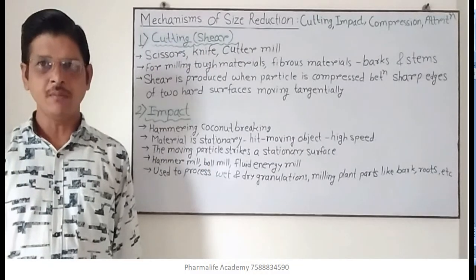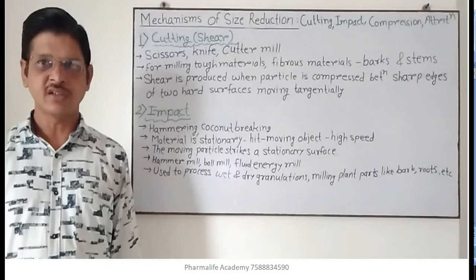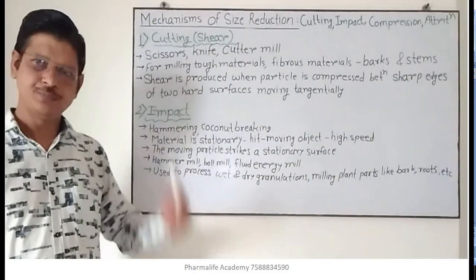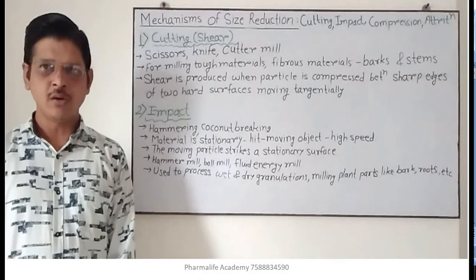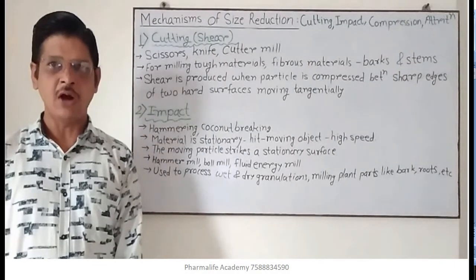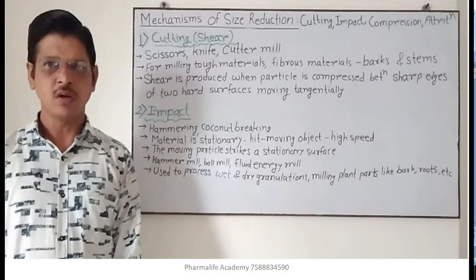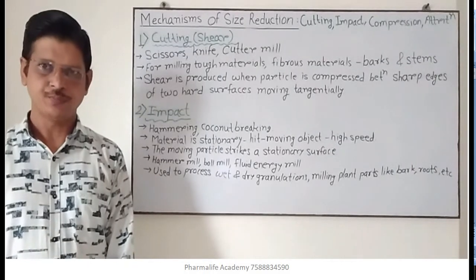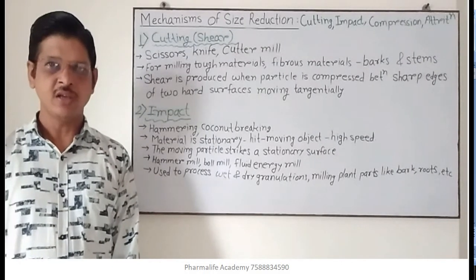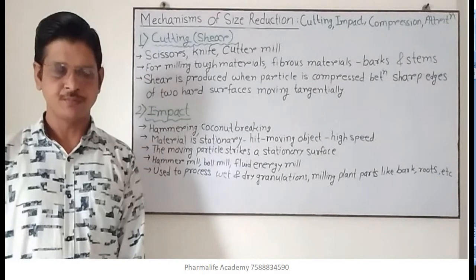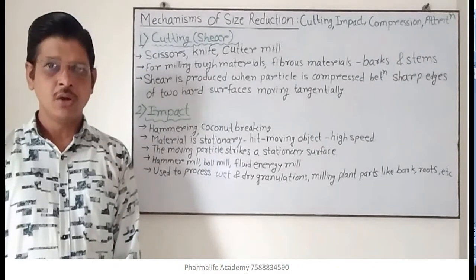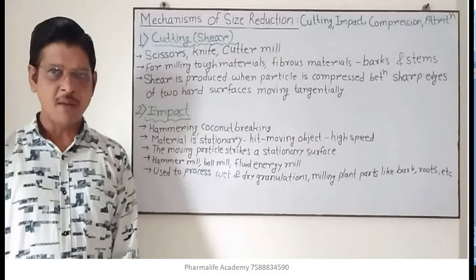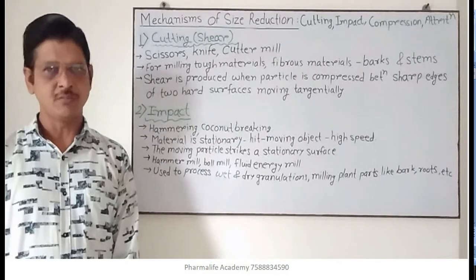Now, the second mechanism of size reduction is impact. Students, all of you have experience of breaking a coconut. Coconut breaking is by impact mechanism. Also, you may have used a hammer for breaking something.